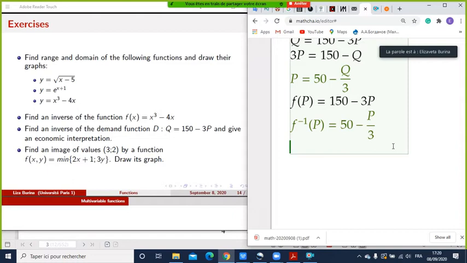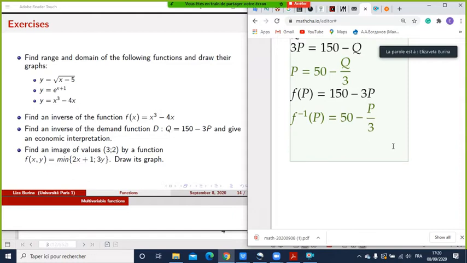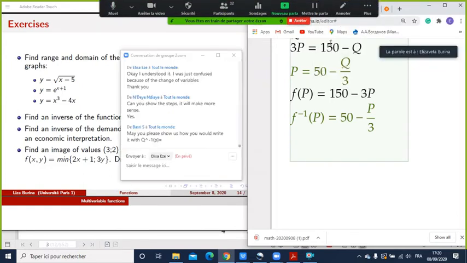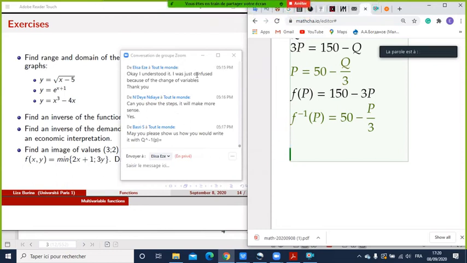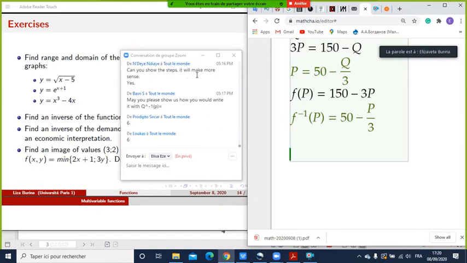We finished with that. And then find an image by the function. So just give me the number for the image. It's 6. Okay, more agrees, disagrees?